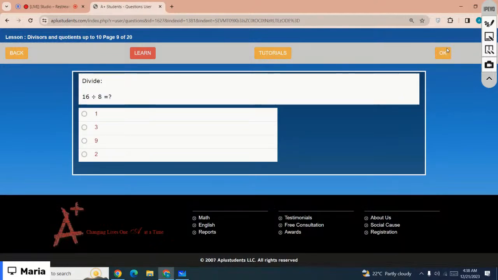The next one is 16 divided by 8. You need to count 8 until 16.